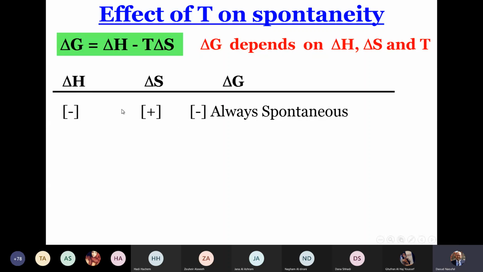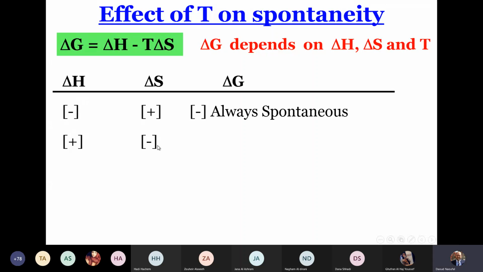In other words, for an exothermic reaction where the disorder increases, this reaction is always spontaneous independent of the value of temperature.